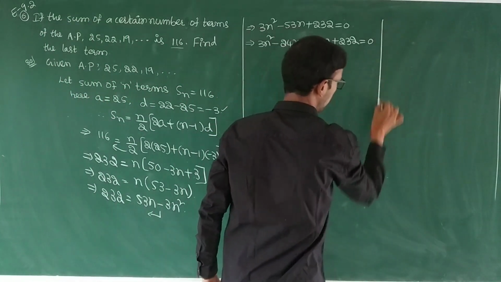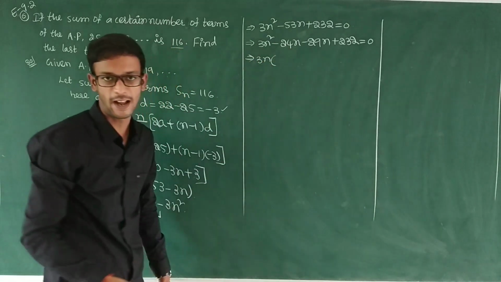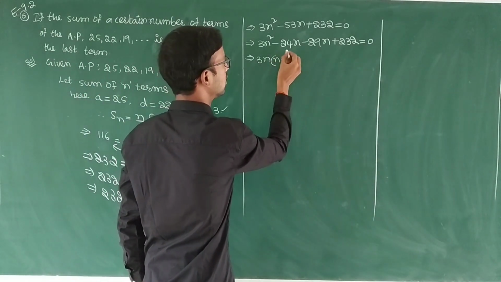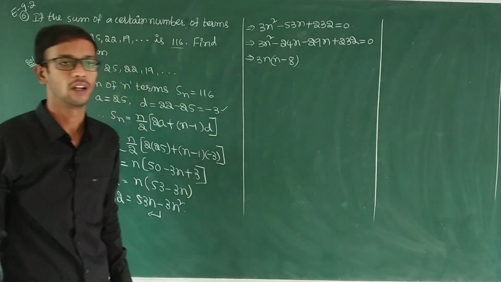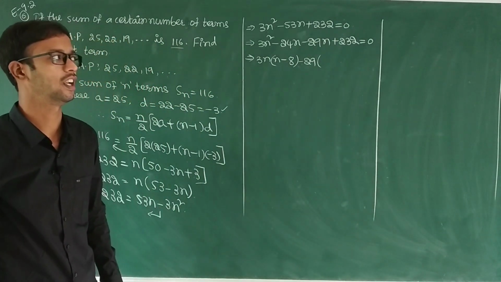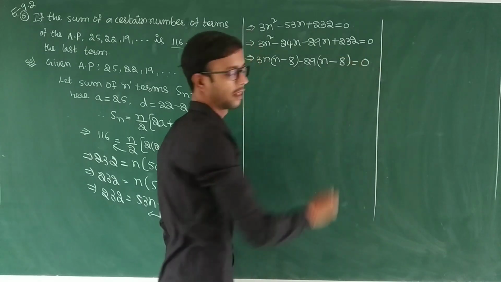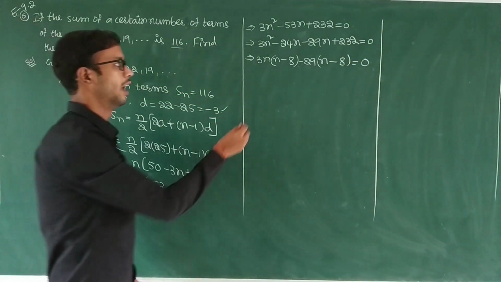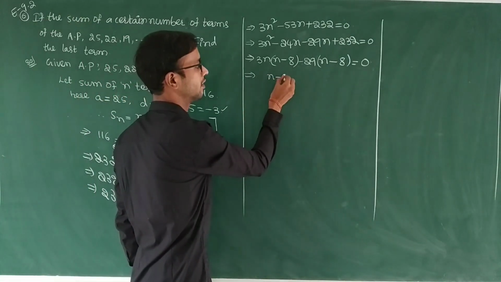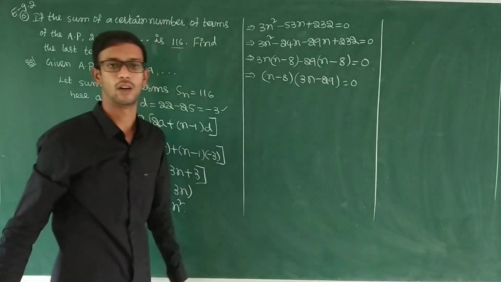Now simplification: take 3n common, so 3n into n minus 8, and minus 29 common, so minus 29 into n minus 8. Now n minus 8 is common, so n minus 8 into 3n minus 29 is equal to 0.